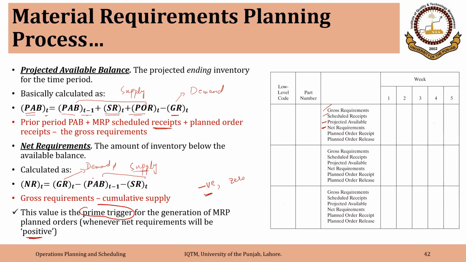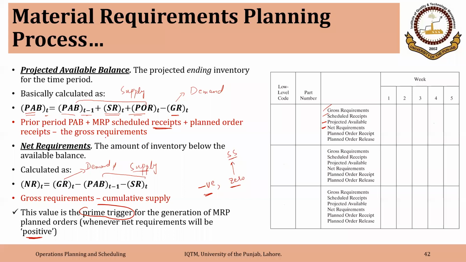You will not need a planned order because demand is less than the supply. The same is true for zero, of course, assuming that we are not using safety stock. Whenever net requirements are positive, you will trigger the planned order. That is the key component in MRP.